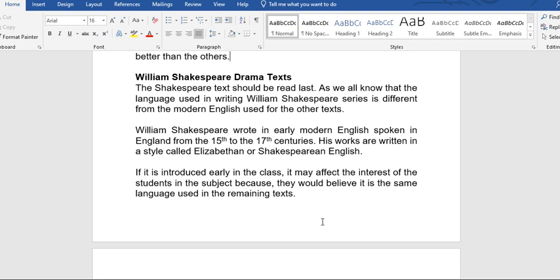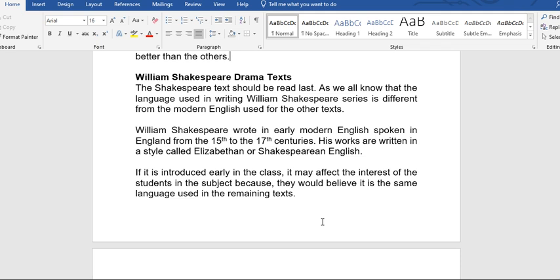That's the type of English William Shakespeare used, that is early modern English. His works are written in a style called Elizabethan or Shakespearean English, the English used between the 15th and the 17th century in England.